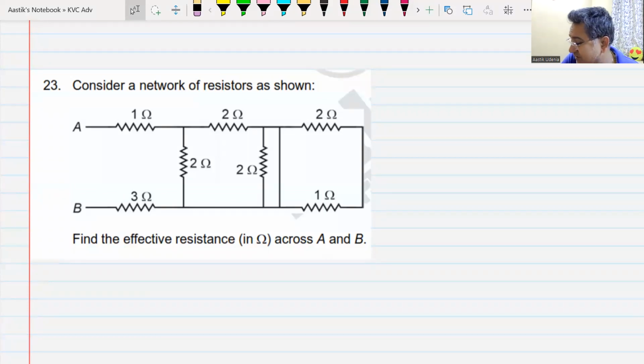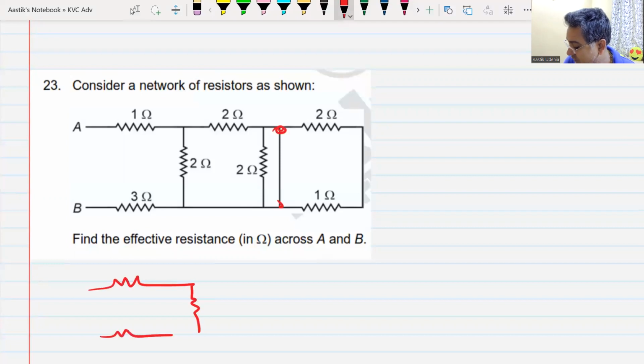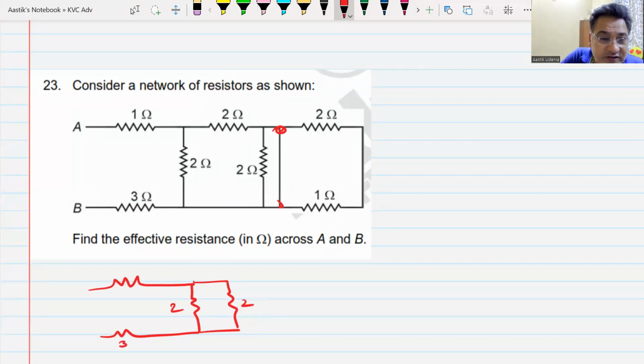How did you get 16/3? This is shorted. So everything is shorted. So the circuit remains what? Here 1, here 2, here 3, and here 3, here 2. This is the circuit. Everything else is shorted. Yes, sir. I thought that. Yeah, you think a lot and don't do it properly. Thinking is not good.